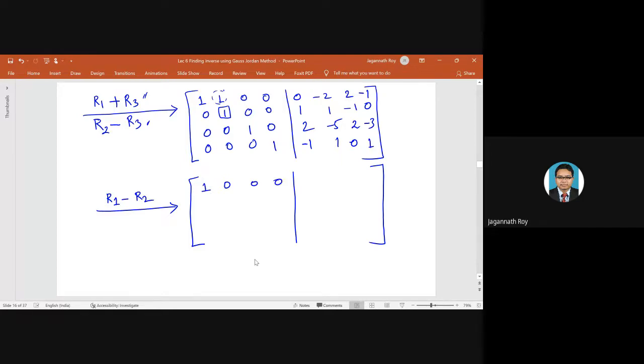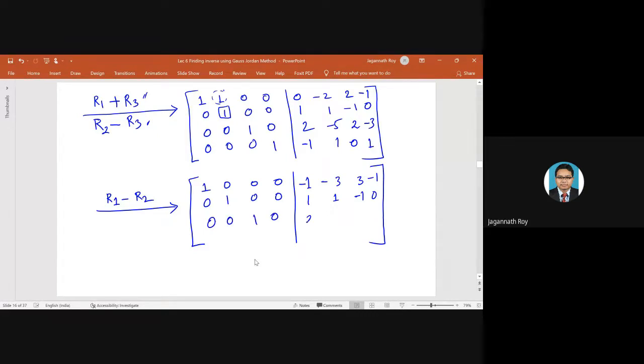And this one will become minus 1, minus 1, minus 3, 3 minus 1, 0, 1, 0, 0. It becomes 1, 1, minus 1, 0. And then, sorry, this is 0, 0, 1, 0.